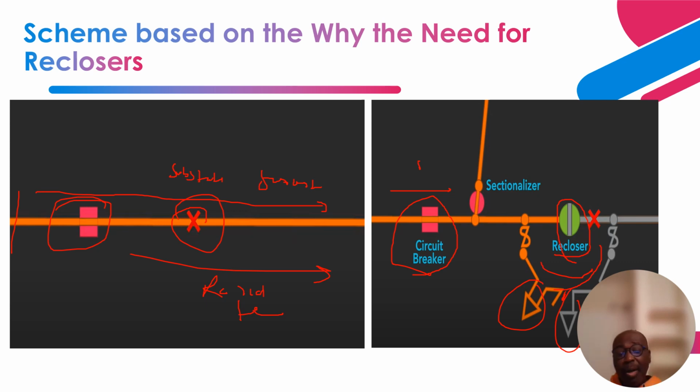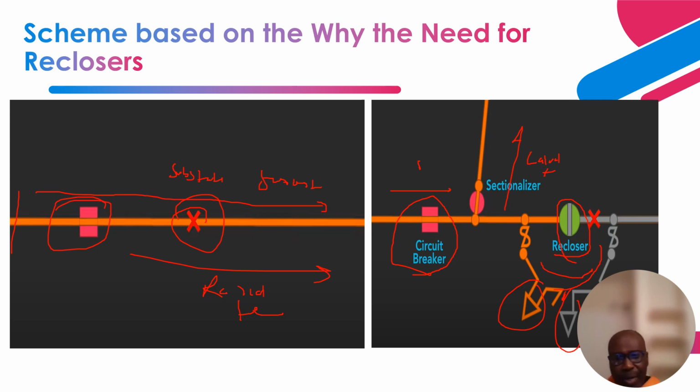On the normal sequences, if this circuit breaker had tripped, all sections of this radial feeder and laterals, this is called a lateral feeder, will be without power.